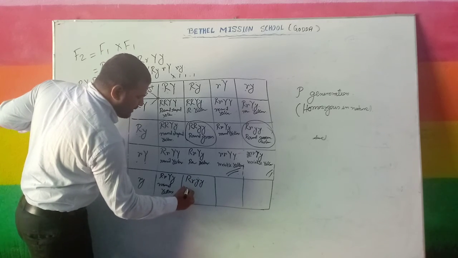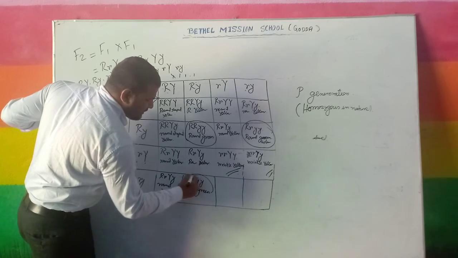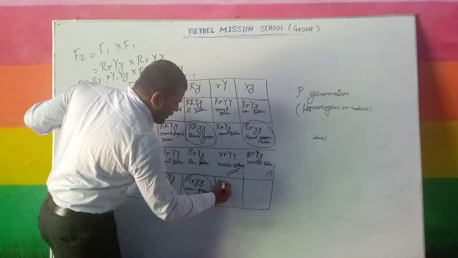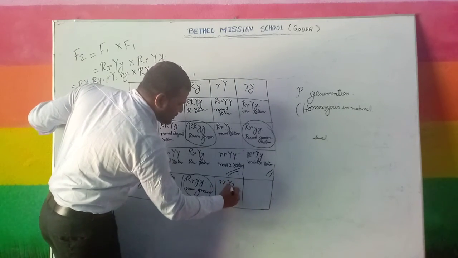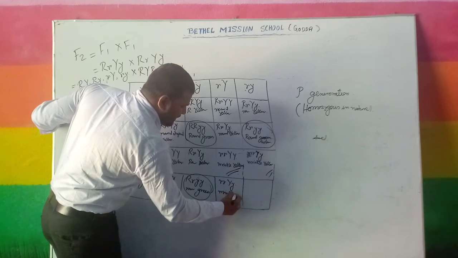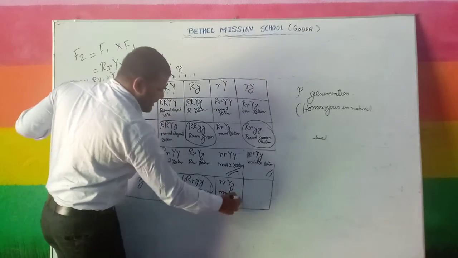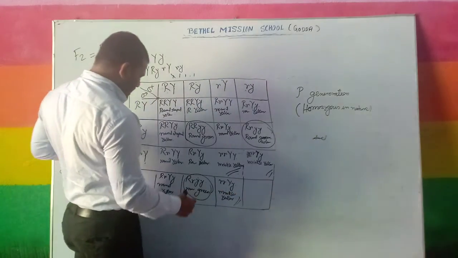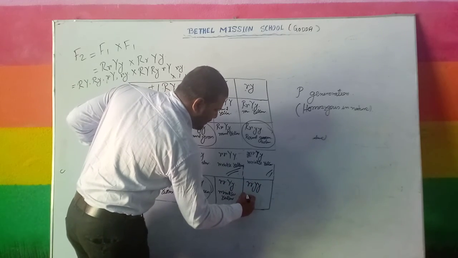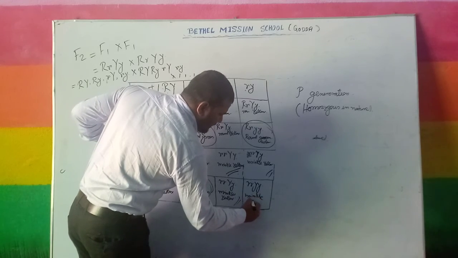So it's the round shaped green color. This is another one. Now these are going to fertilize this one: small r, capital Y, small y. So wrinkle-shaped yellow color. And the last one, small y, small y. These are the pure wrinkle-shaped green color.